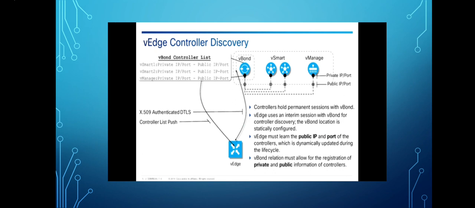The vBond location is statically configured. The vEdge must learn the public IP and the port of the controller, which is dynamically updated during the life cycle. So the vBond relation must allow for the registration of private and public information of the controllers. From vBond you will be getting a controller list, the vSmart list. In return from vSmart you will be getting the list of vEdges, which is nothing but access layer switches.